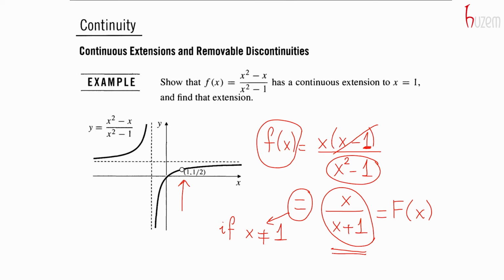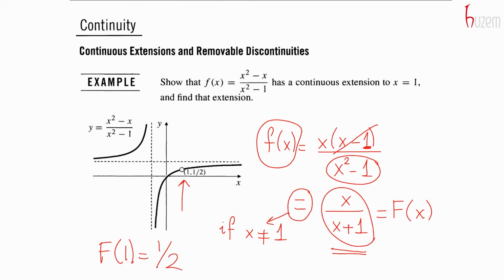So capital F and the original f are the same everywhere except at 1. What is nice about capital F is that it is also continuous at 1. So capital F(1) is 1 over 2.